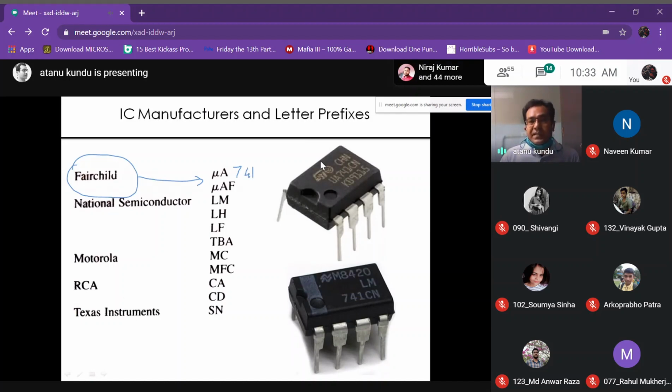Normally we use MUA 741, or LM 741. It is fabricated by National Semiconductor, so it will be named LM or LH or LF. For Motorola, they use the initials MC. For RCA, they use CA, and for Texas Instruments, you use SN.